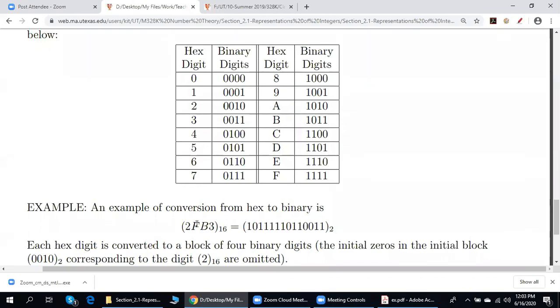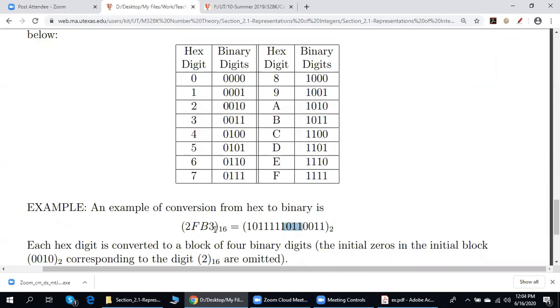Next, F. We replace F by 1, 1, 1, 1. We attach 1, 1, 1, 1. Next, we replace B, which is over here, by 1, 0, 1, 1.